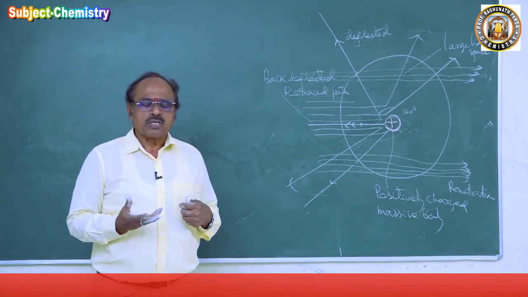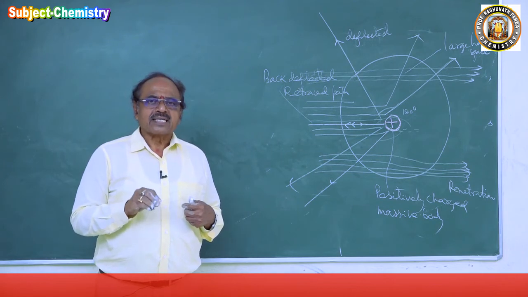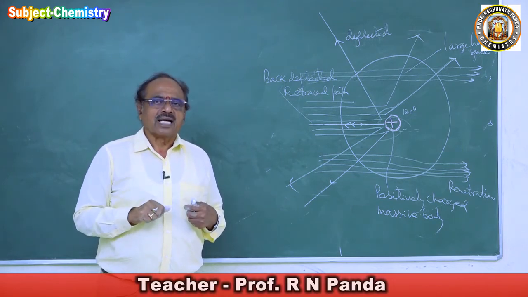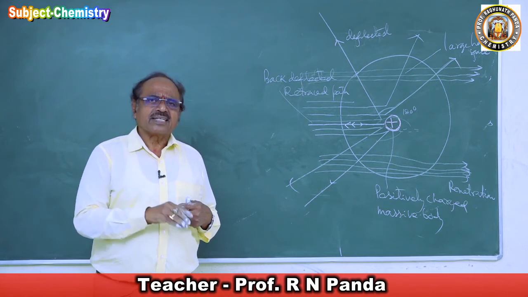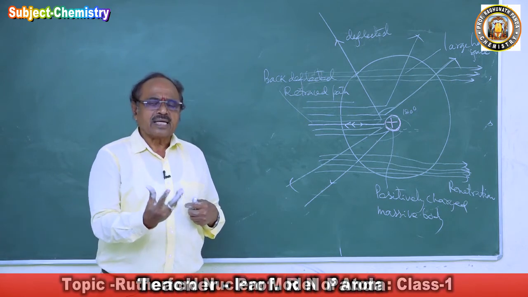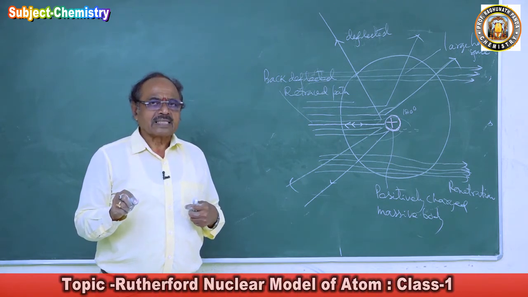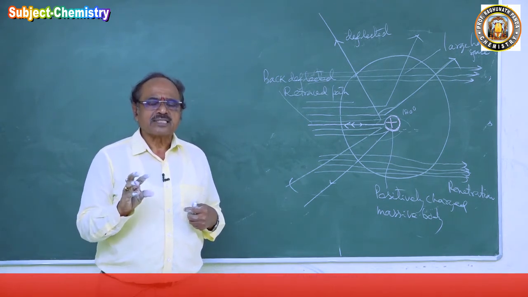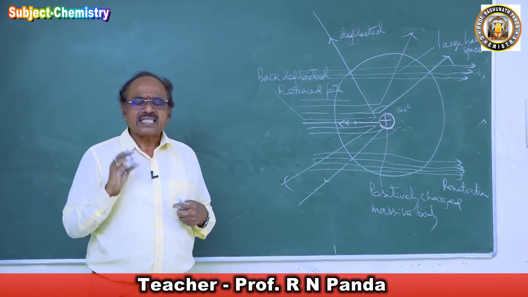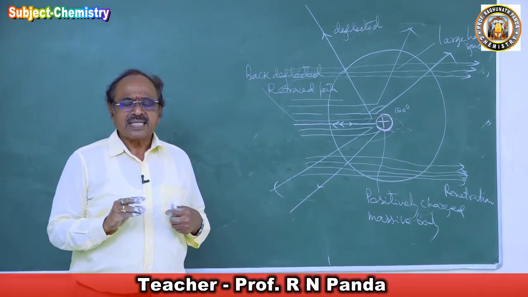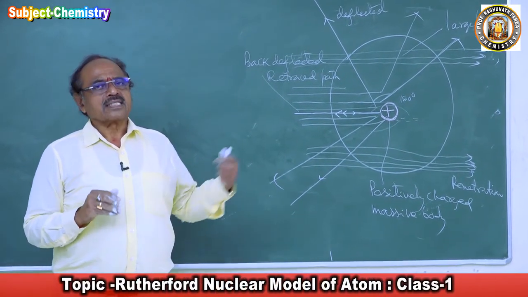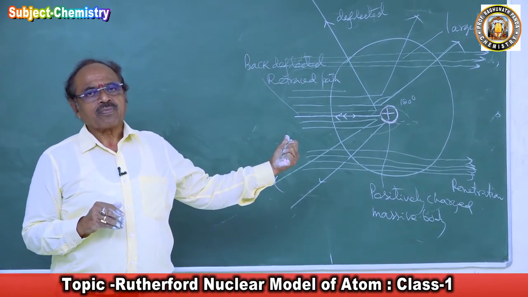All the protons must be placed at one place of the atom, concentrated at one place, causing a positively charged massive body. And when these alpha particles come nearer to that positively charged massive body present inside the atom, these deflections are taking place.